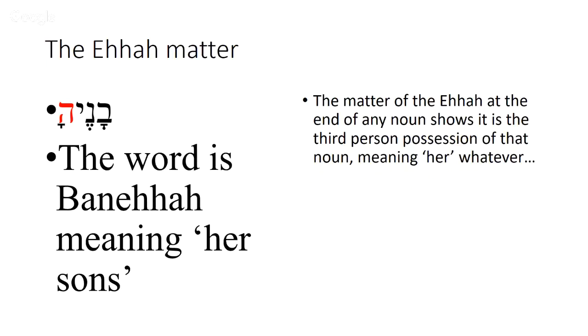The eha matter. The word is baneha, meaning her sons. The matter of the eha at the end of any noun shows it is the third person possession of that noun, meaning her whatever.